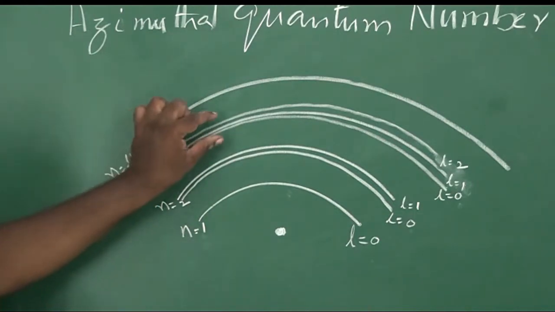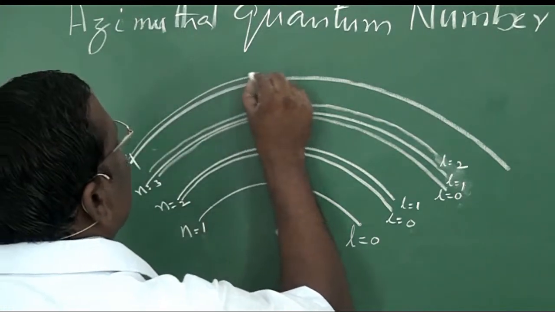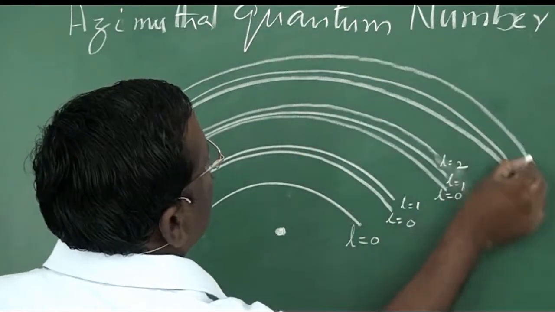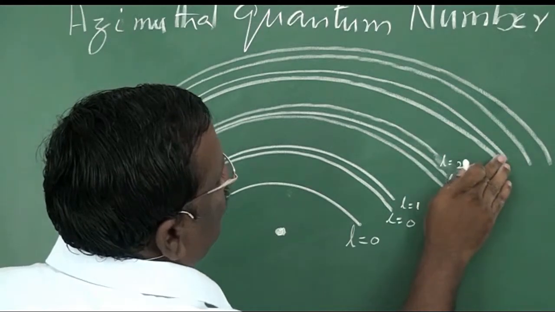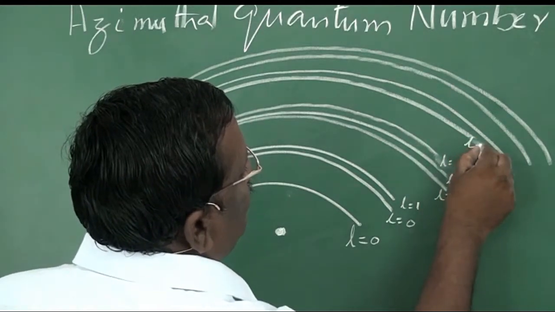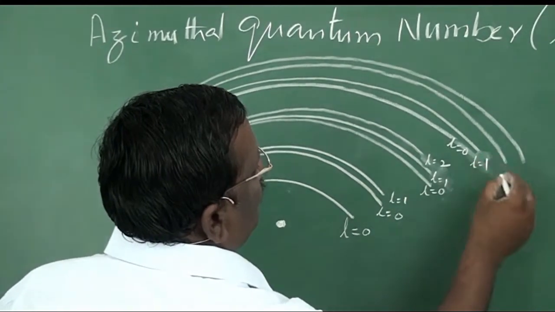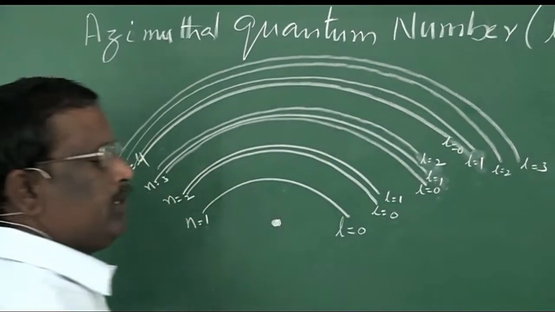In the fourth energy level, you have four sub-energy levels: l is equal to 0, l is equal to 1, l is equal to 2, and l is equal to 3.